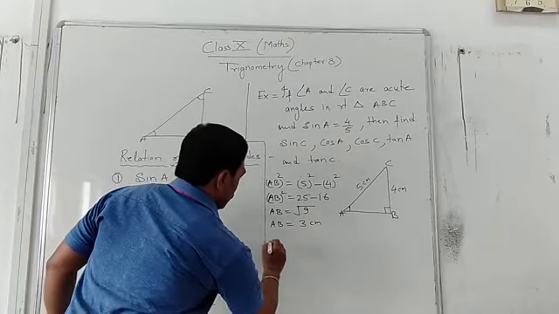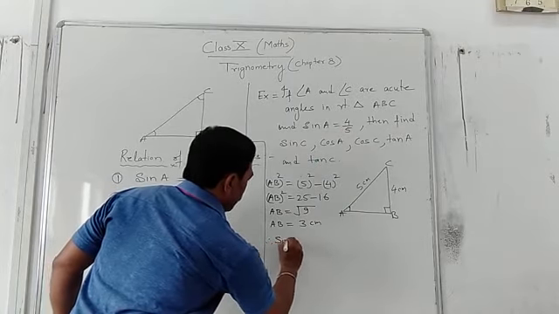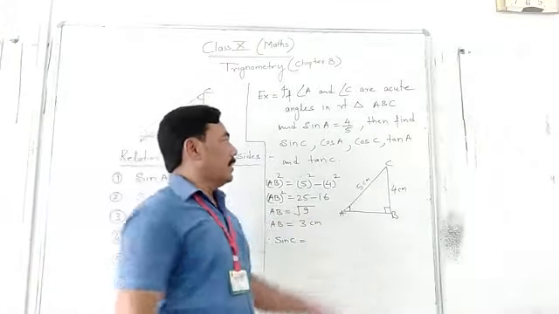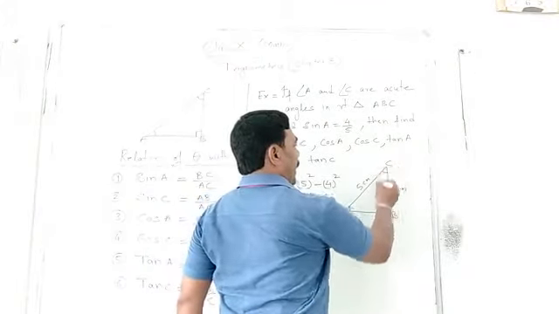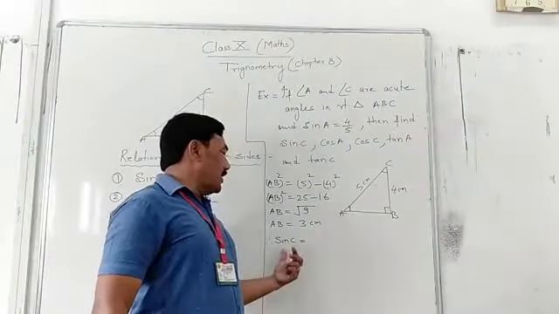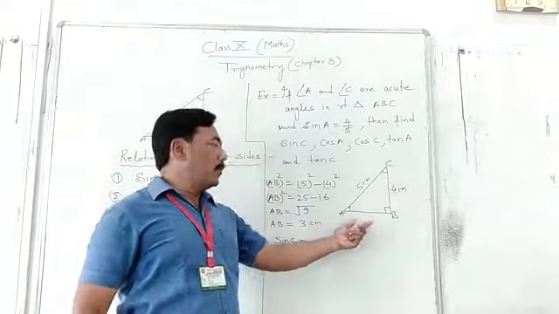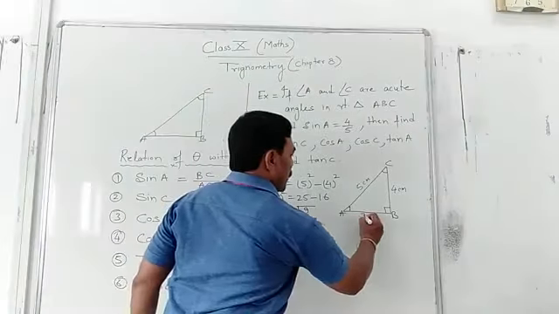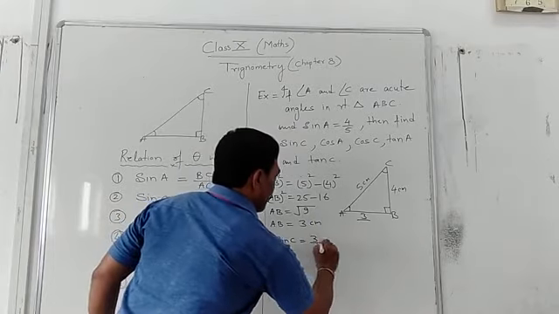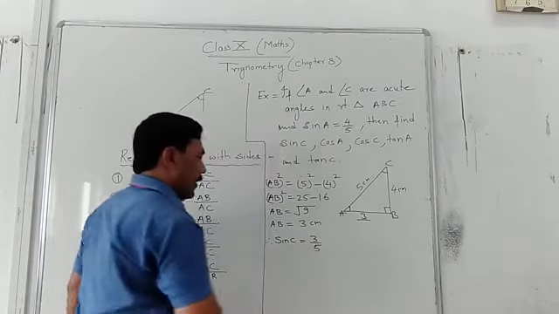Now we need to find sine C. The side opposite to angle C is AB, so sine C means perpendicular upon hypotenuse, which is 3 upon 5.